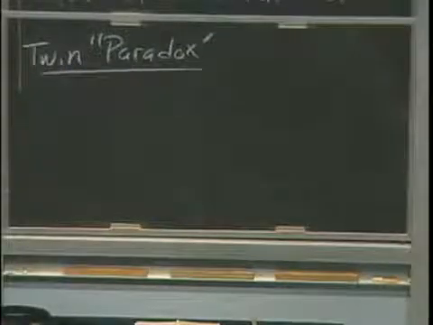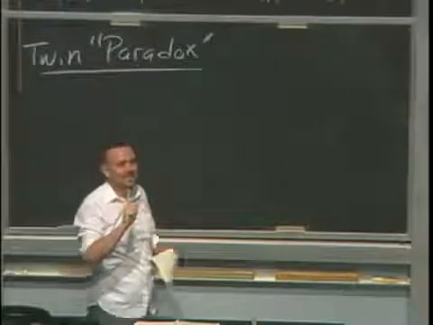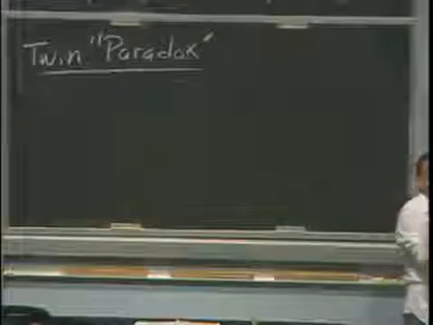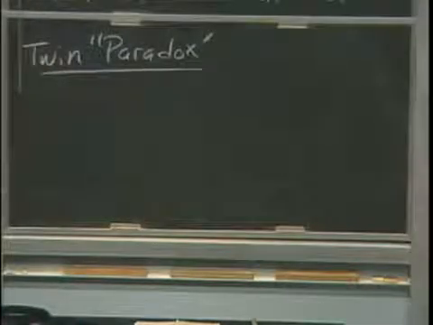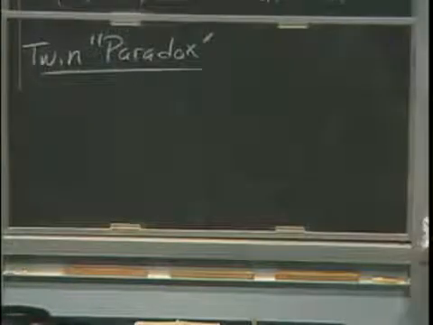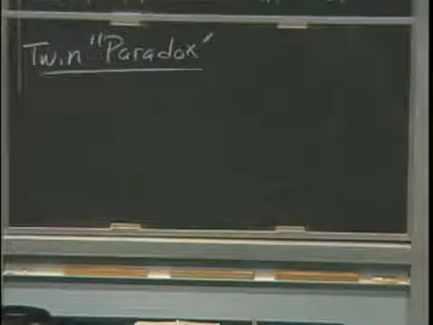Okay, the twin paradox asks this. So you've got two twins. One's an earthbound twin, and the other one is an astronaut. Okay? So that astronaut twin is going to take a long journey. So that astronaut twin is going to travel to a neighboring star, okay? And going to turn around at that star and come back.